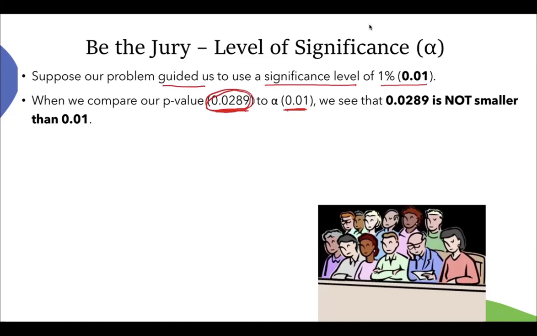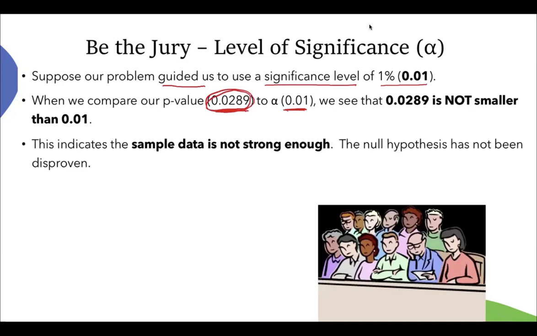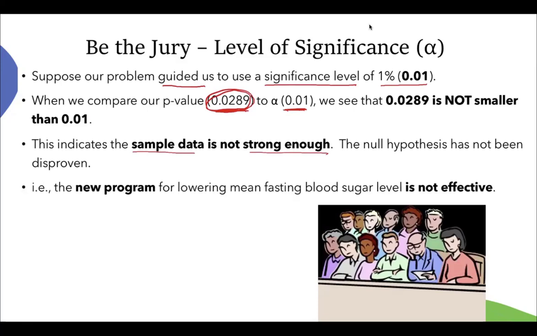It's not small enough. If it's not small enough, it means that our sample data is not strong enough. The null hypothesis is not disproven when the sample data is not strong enough. So whatever we're testing, whatever new program, new drug, new medication, new exercise, it means that it is not effective.